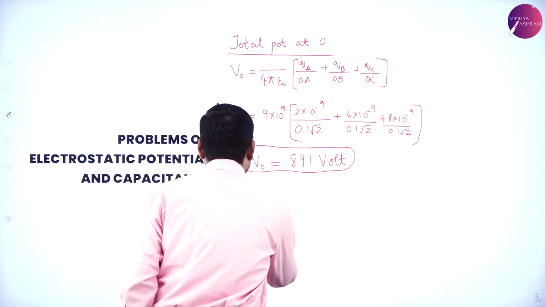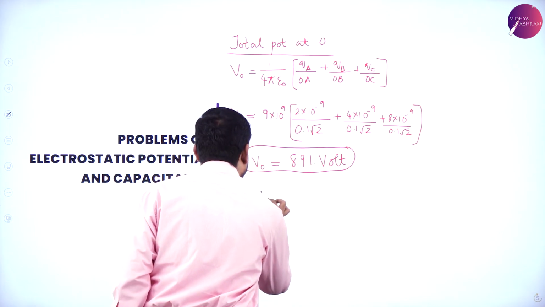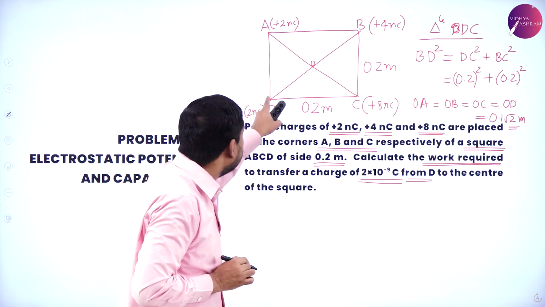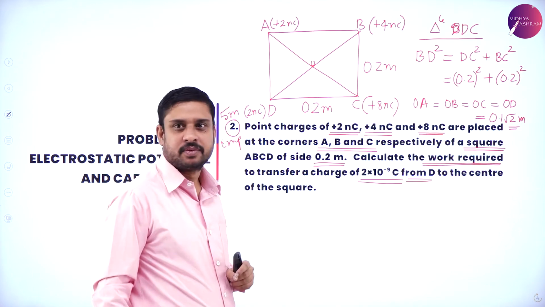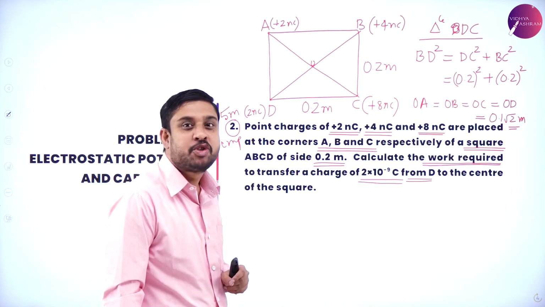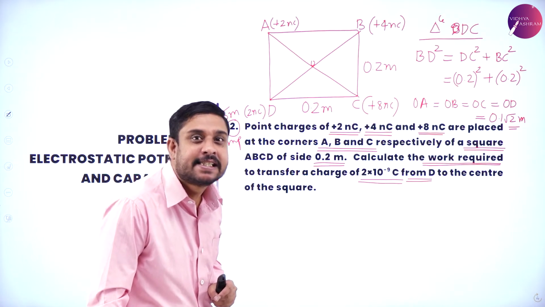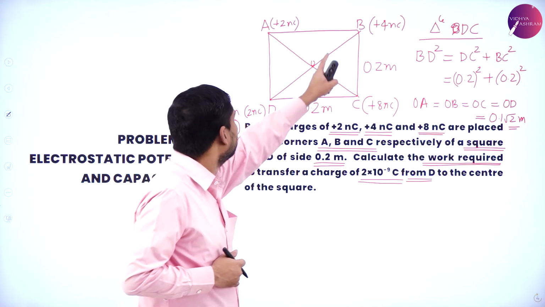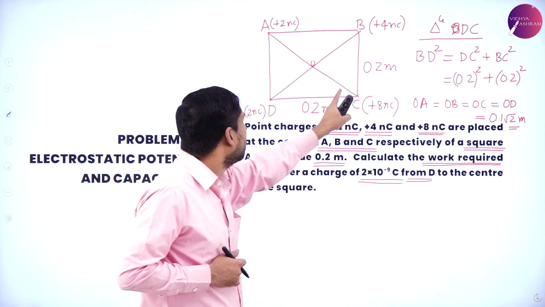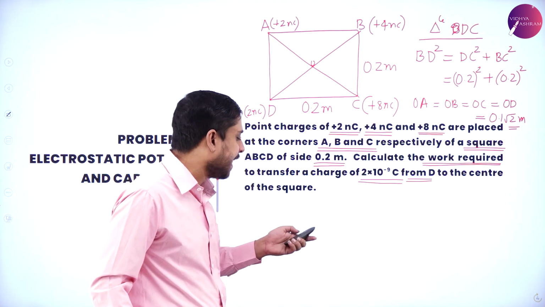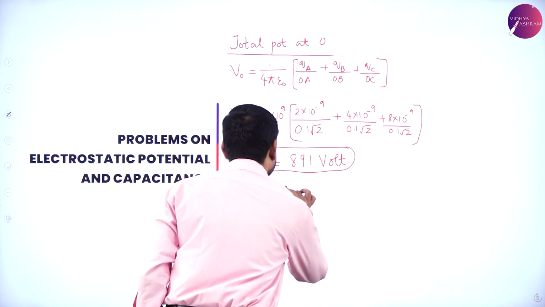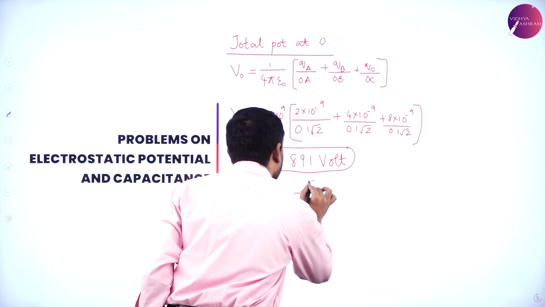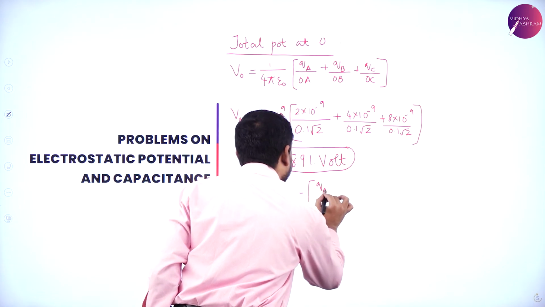Now similarly, I will calculate the total potential at this point D. Again, sum of potential due to charge at A, due to charge at B, due to charge at C. So this is 1 by 4 pi epsilon naught QA.